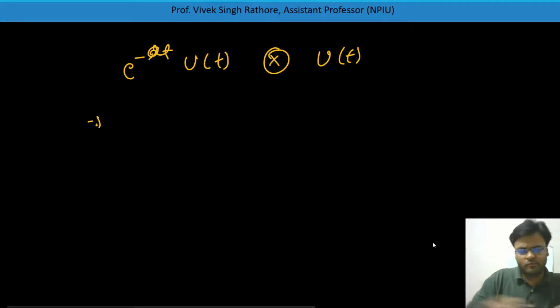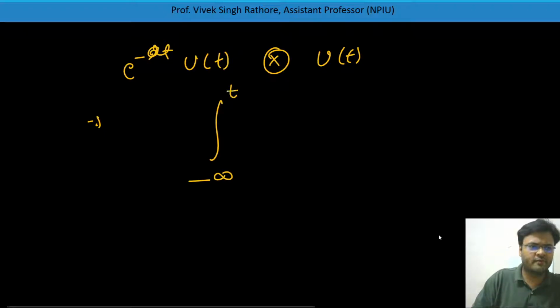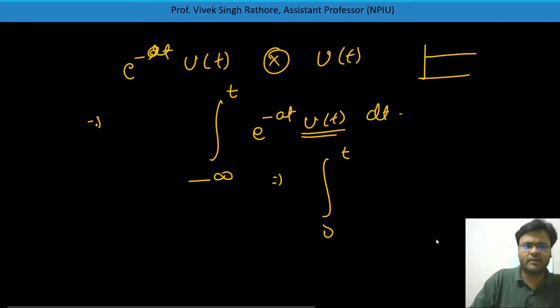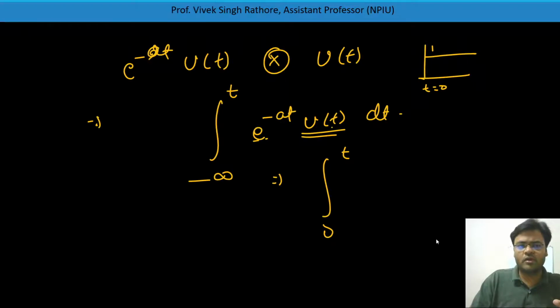Are you going to do it by the graphical procedure, or simply? For any signal convolved with u(t), you can integrate from minus infinity to t of e to the power minus a tau u(tau) d tau, simple. Now u(t) is there, so we can integrate from 0 to t, because any signal multiplied by u(t) has value only after t equals 0, where the step value is 1.